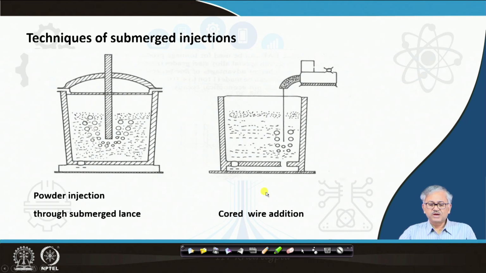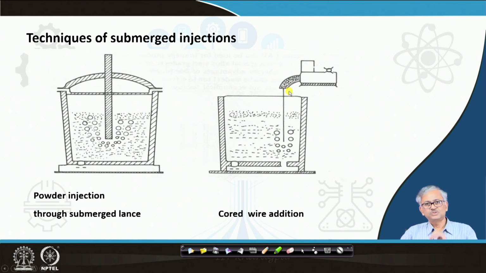Another technique is called the cored wire addition. What you do here, basically, cored wire is nothing but a hollow steel casing in which the calcium powder is packed, and it looks like a wire. That is why it is called a cored wire. In the core you have the calcium powder, and the casing is simple mild steel.